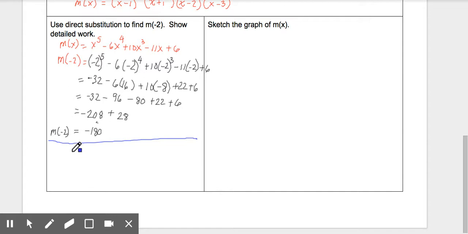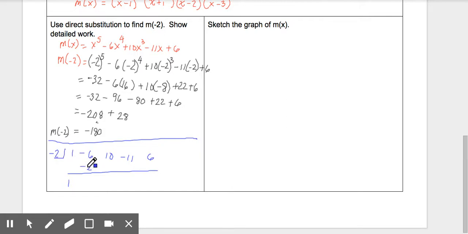So we'll take the coefficients 1, negative 6, 10, negative 11, and positive 6. Since we want m of negative 2, we can put negative 2 in here. So we bring down 1. 1 times negative 2 is negative 2.